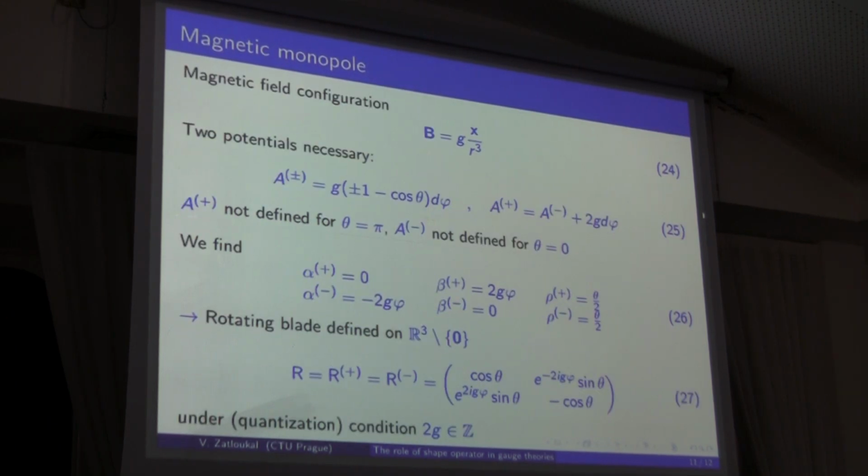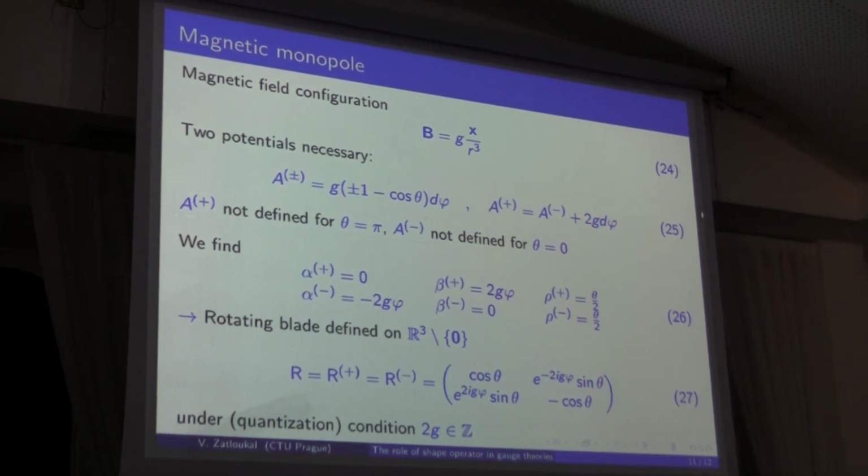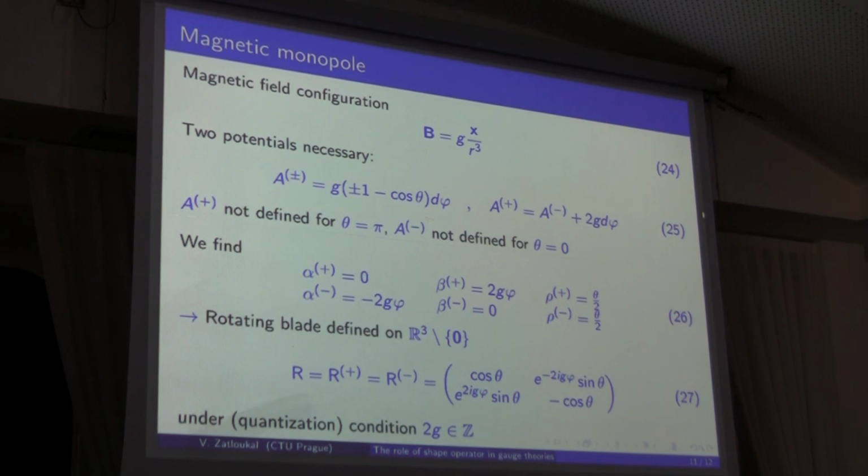Now another example which is more interesting is the magnetic monopole. It's a configuration of the electromagnetic field where the electric field is 0 and the magnetic field is central, radial.